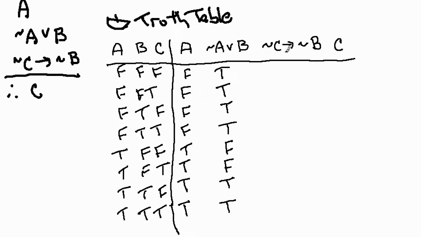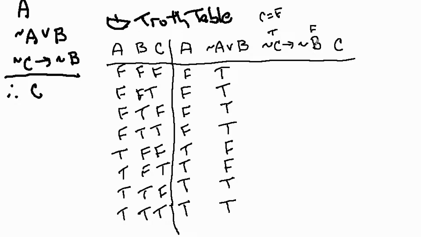Okay, so let's think about the implication here. We know that this is false whenever this is true and when this is false. Okay, so not C is true when C is equal to false.